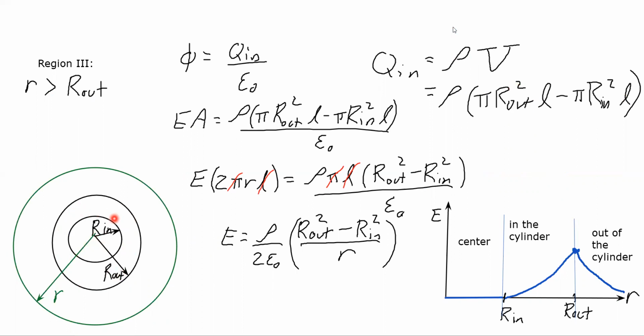You start by drawing out a picture. You determine where your Gaussian surface is, depending on how large your Gaussian cylinder is, and then we go from there. We plug in for area, and we plug in for charge density. So we bring those two calculations together, area and charge, and we solve for E.